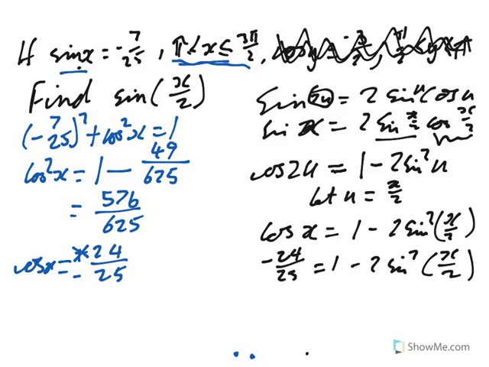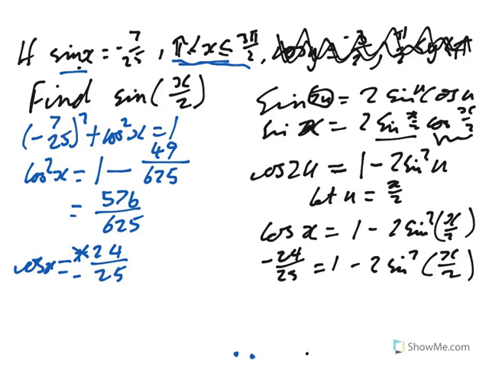Doing a bit of rearrangement along here, so I'll do a few things at once. So we've got 24 on 25, taking another 1, dividing that by 2. Dividing that by negative 2, I should have said, not by 2.